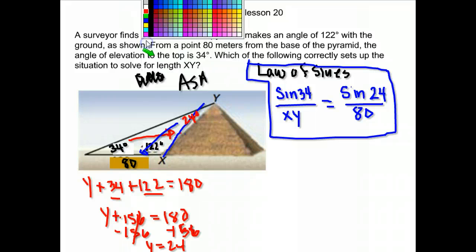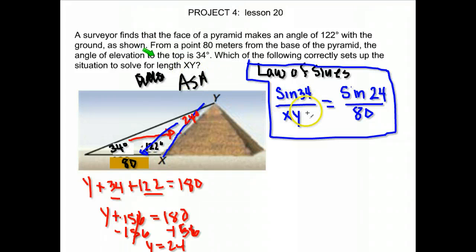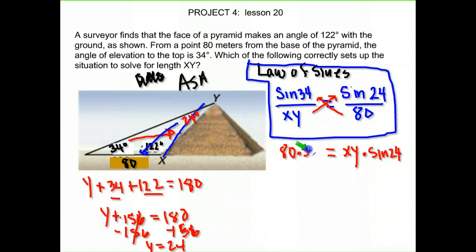So let's do that. Alright, so my xy is in the bottom, so to solve I'm going to cross multiply. That's one way we solve ratios. That means you leave the equal sign in the middle. You take the bottom of one side times the top of the other. So xy times the sine of 24. And then the bottom of this side, 80, times the top here. Put the 80 in front, so that we don't mix up what we're taking the sine of there.